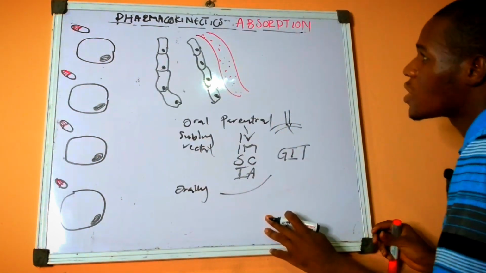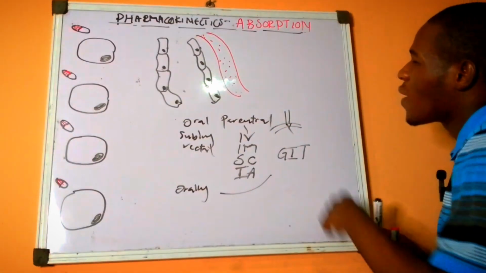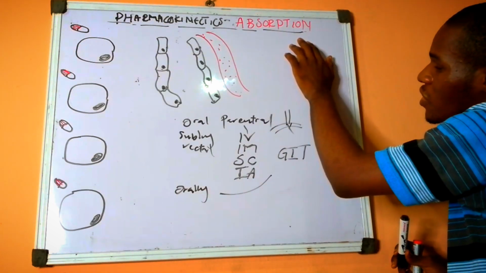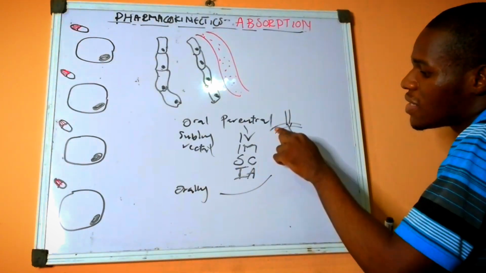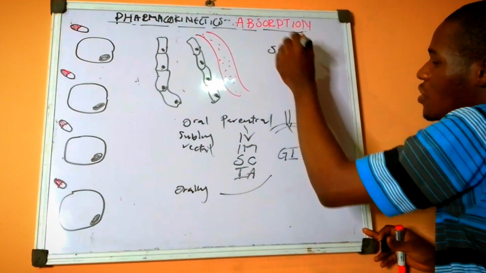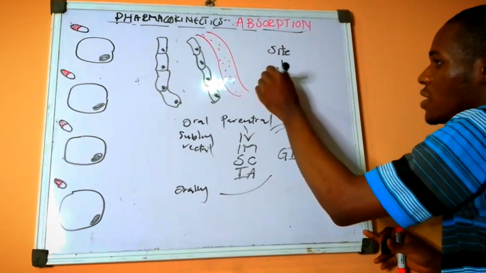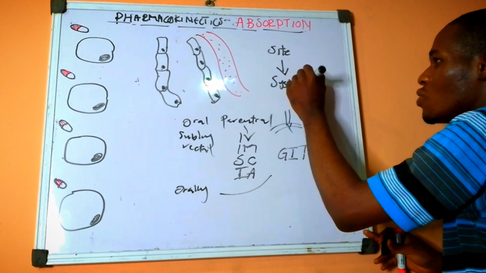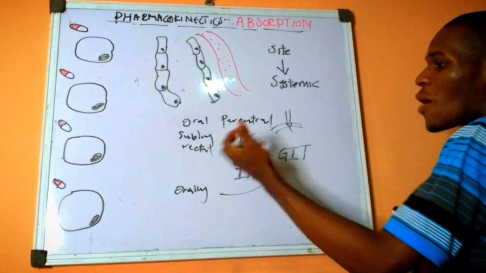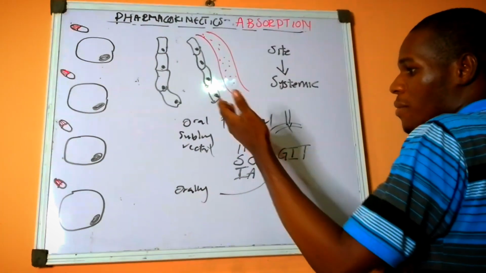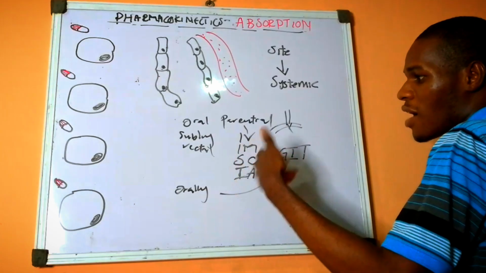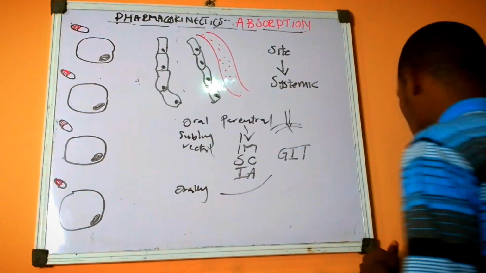So, talking about absorption of the drug, we are looking at the process by which the drug moves from its site of administration into the systemic circulation, and into the bloodstream. And when we talk about site of administration, we are looking at the route or routes of absorption, be it orally, sublingually, rectally, or any of the parenteral routes of administration.